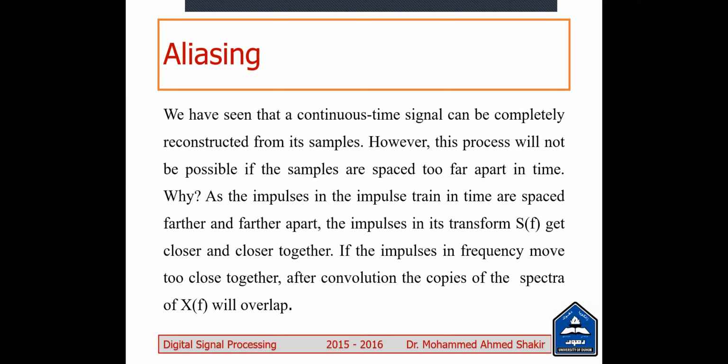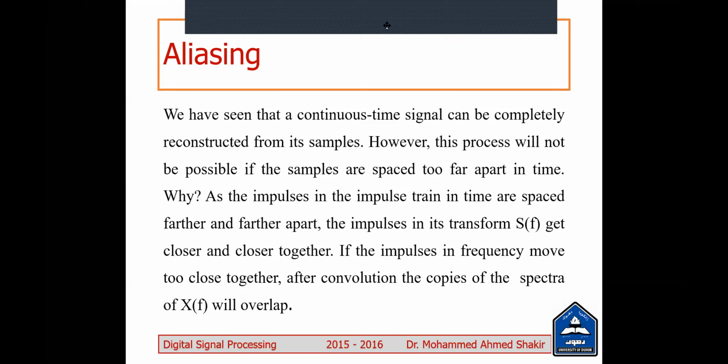As you know, in the case of overlapping or aliasing, the original signal cannot be reconstructed by using a low-pass filter. So first of all, let us know what we mean by aliasing and why we don't have the ability to get back the original signal.